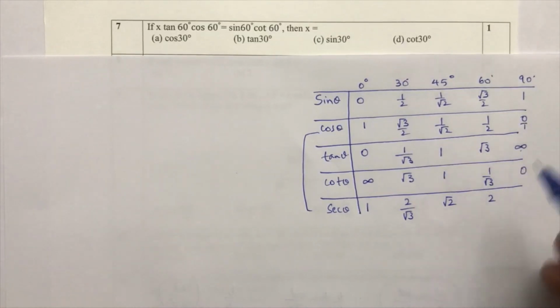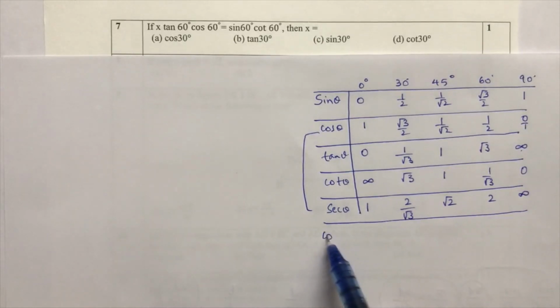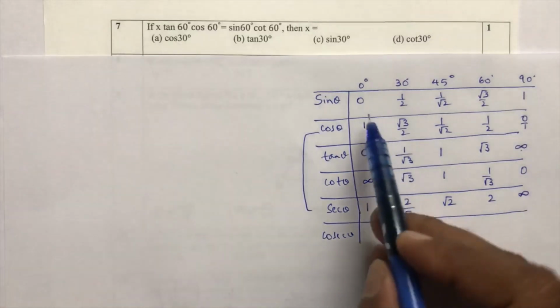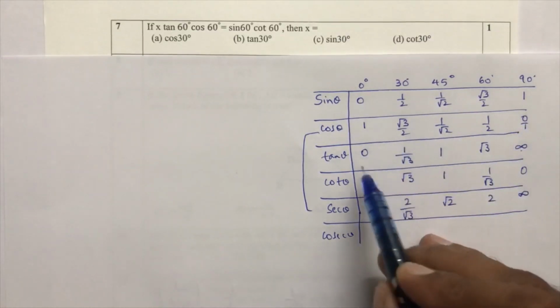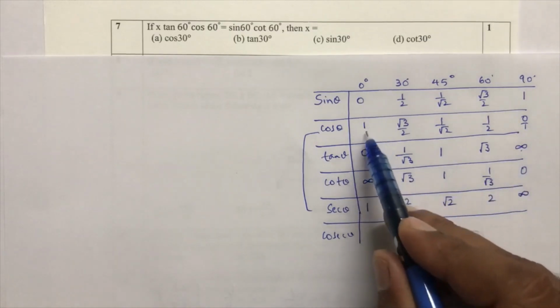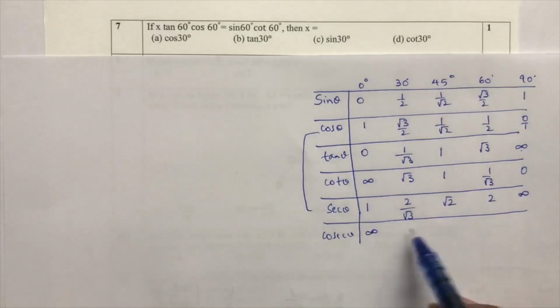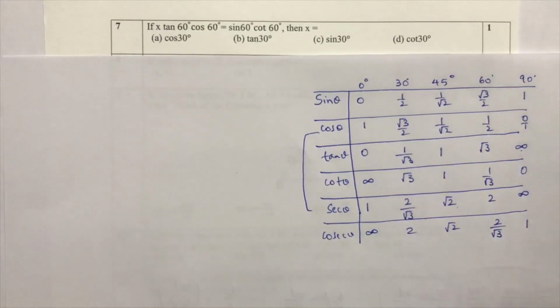Here it is 0 by 1, so the reciprocal is not defined. Next, cosec theta, just write the sec values in reverse. Sin you remember, cos you get in reverse, tan you get by sin by cos, and cot in reverse. Sec you got, cosec just write in reverse: not defined, 2, root 2, 2 by root 3, 1.